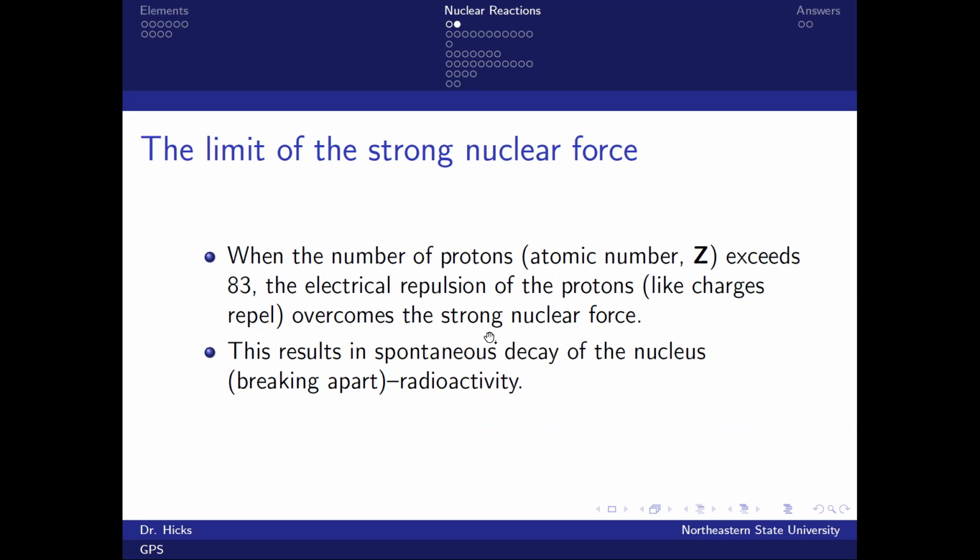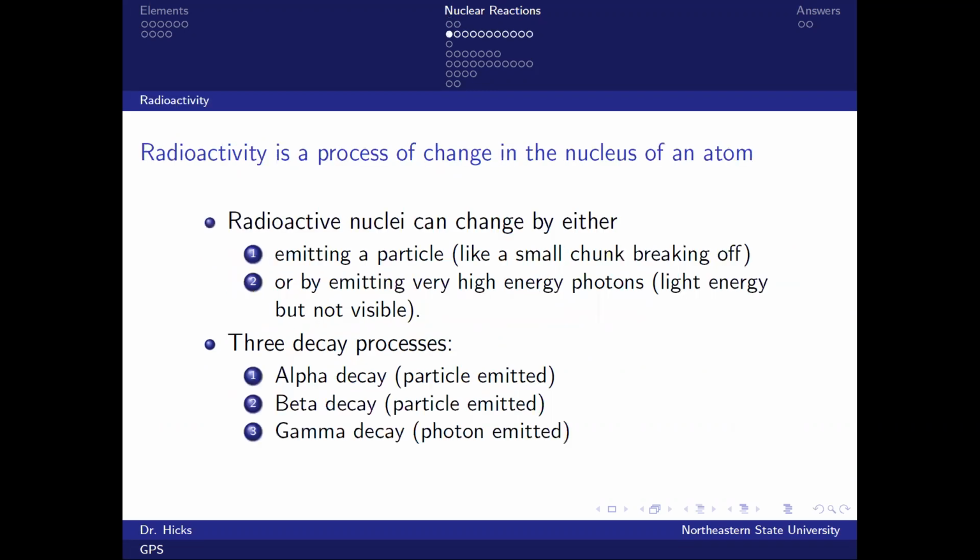These nuclei undergo spontaneous decay, and that is called radioactivity. There's a couple ways that these radioactive nuclei can come apart. They can either emit a particle, a small chunk of the nucleus that comes off, or they can just emit really, really high energy light. That's what this second one is, high energy photons. So those break out into 3 decay processes.